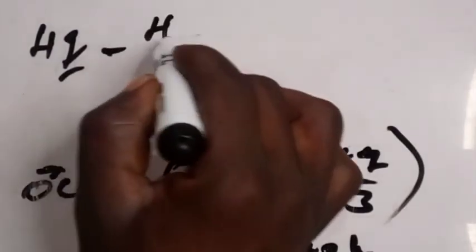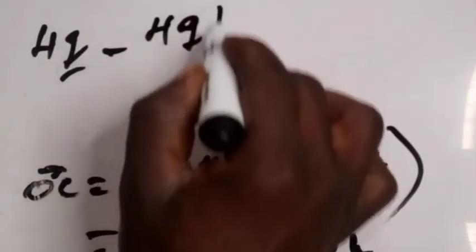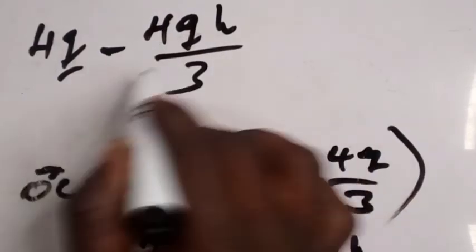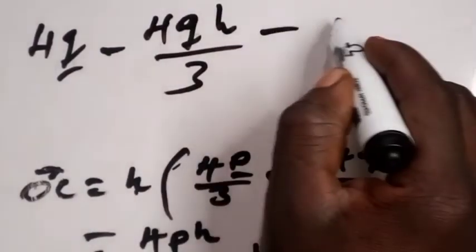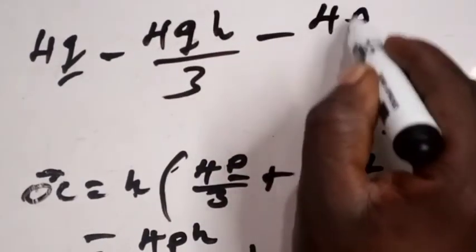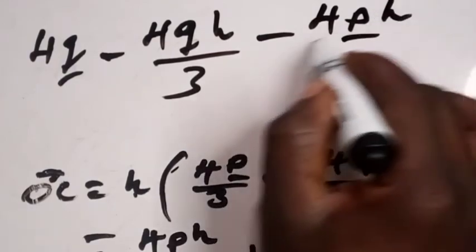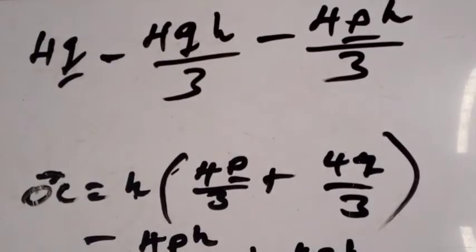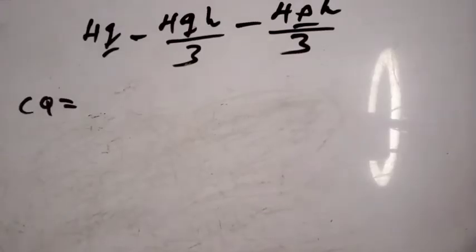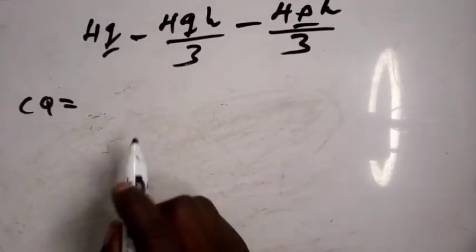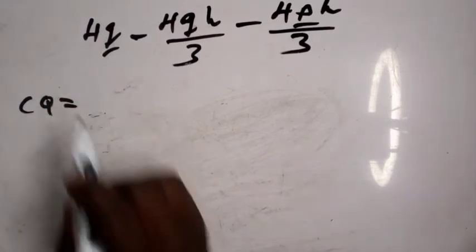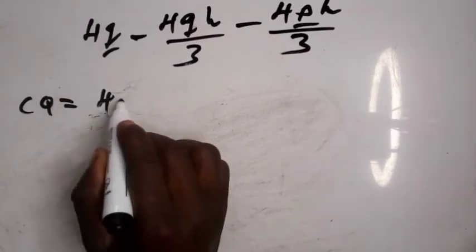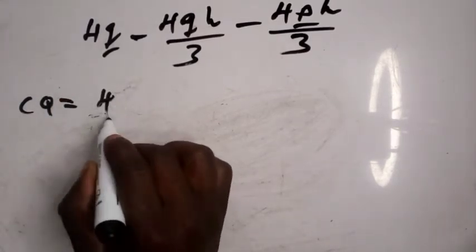Minus 4qh over 3 minus 4ph over 3. Here, what is common is 4. So we are going to have 4 outside, 4 into this one.